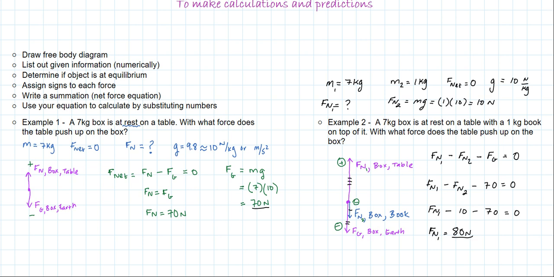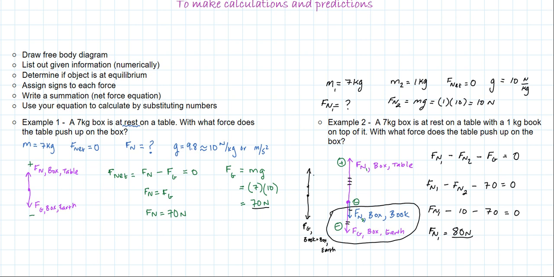Something you might be thinking that you could do here is you could actually combine the book and the box as a single object, and you could say that I'm really just going to draw a force diagram that has the book and the box pointing down. So I'm going to say that's the force gravity of the book and the box by Earth, and then the normal force points up.